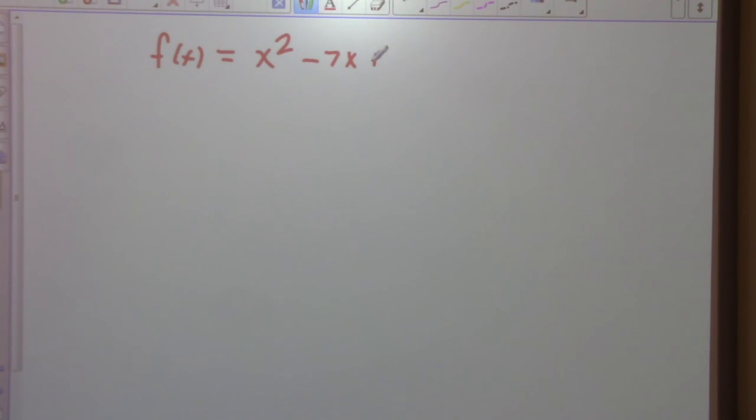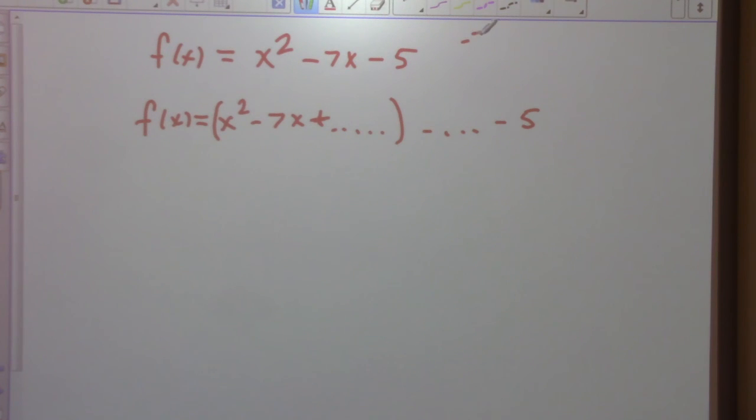And then plus, I don't know, let's do minus 5. Okay? The same type of thing applies. I'm going to go ahead and write this out here. f of x equals x squared minus 7x, and then plus this here. Then the outside, we're going to have plus or minus something, and then minus 5 at the very end. Okay, same thing applies.